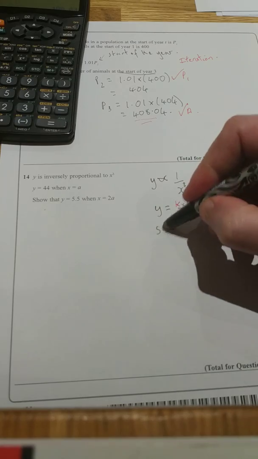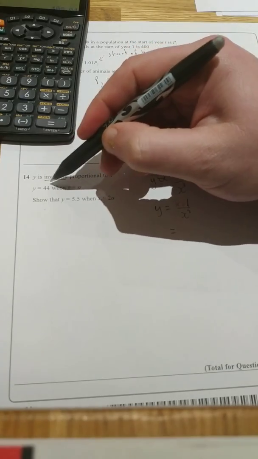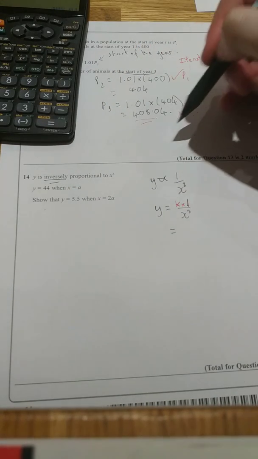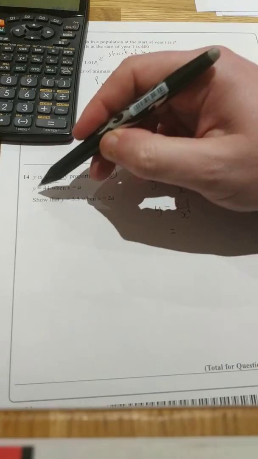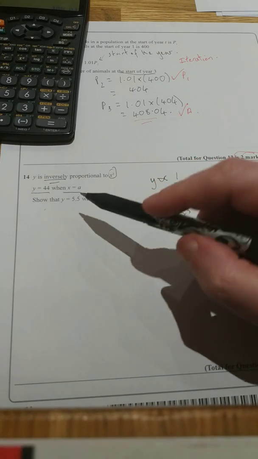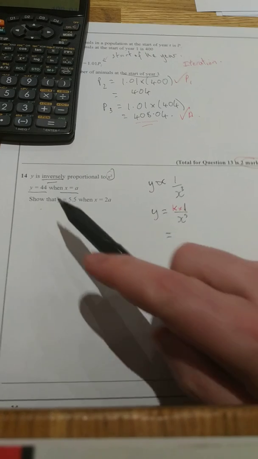In fact, slow down, let's just read the question. So the key word there was inversely, that's why we did 1 over. And be careful to get x cubed in there. So now we've got these two. And this is a standard format question, so you can drill this and get it right every time.